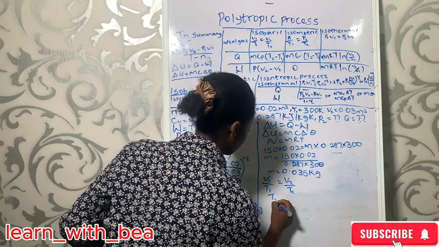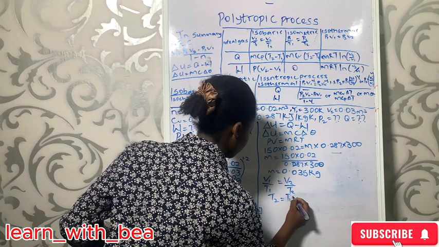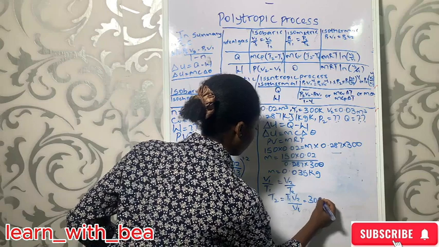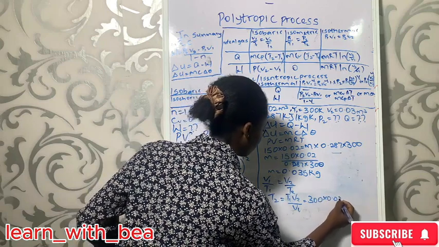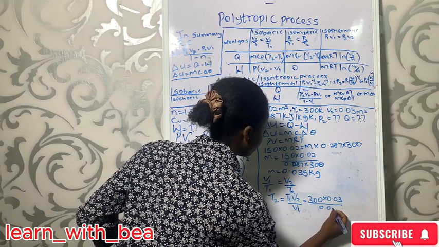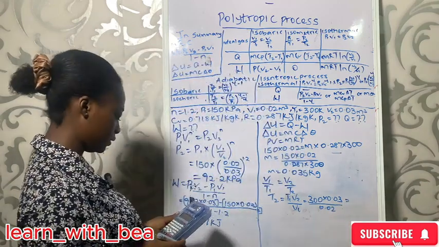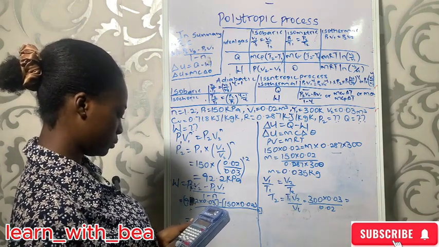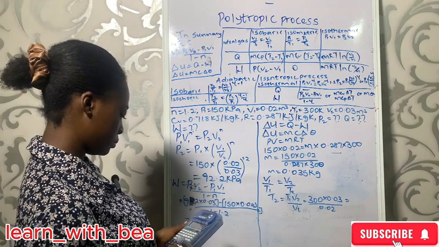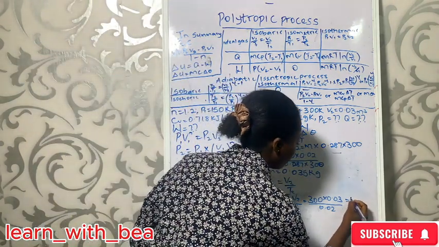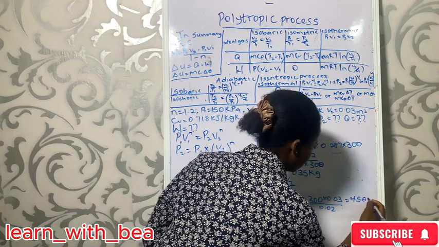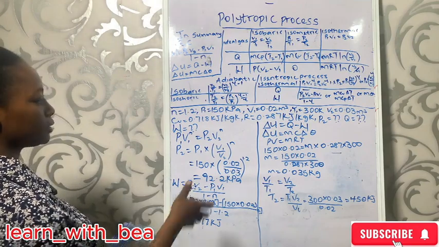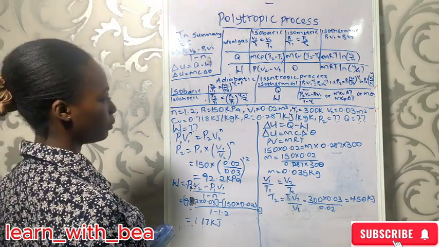So T2 is T1 times V2 divided by V1. T1 is 300, V2 is 0.03, and V1 is 0.02. So what is our second temperature? We have 450.